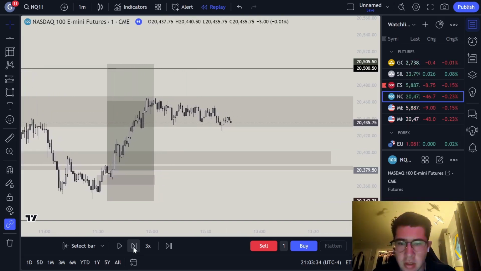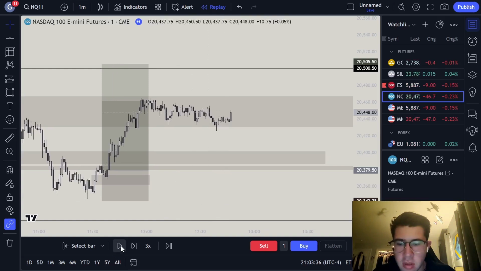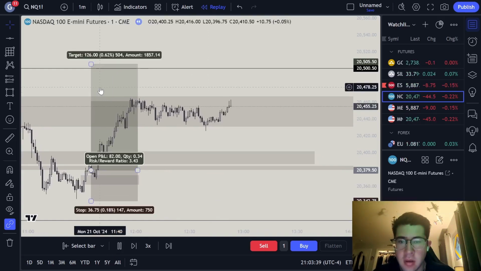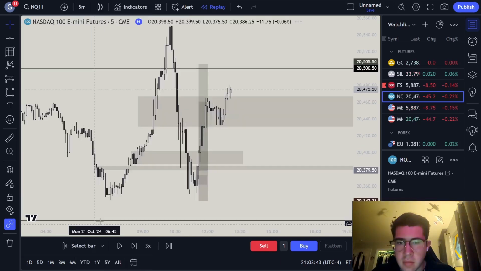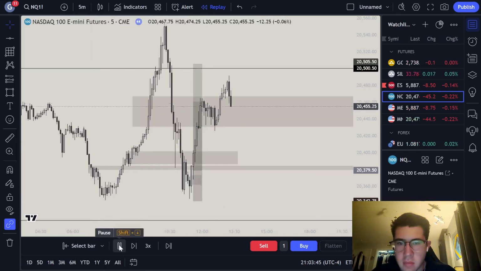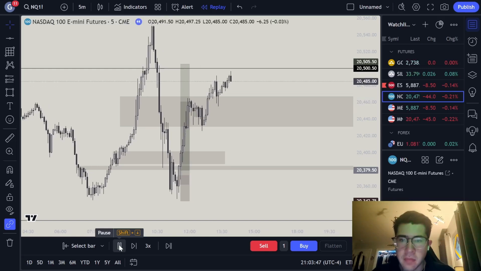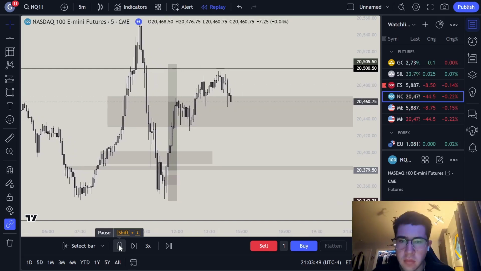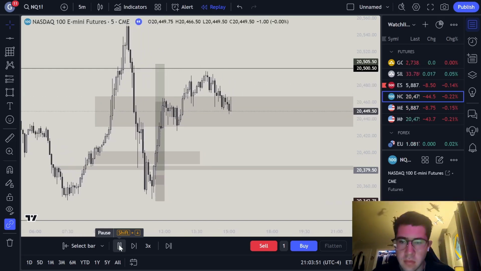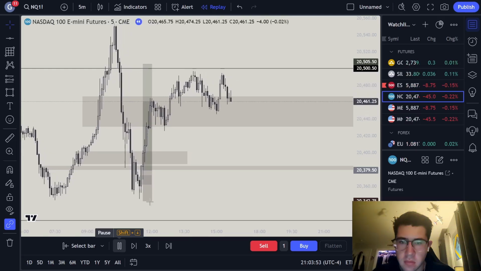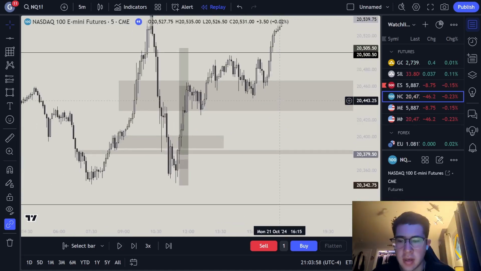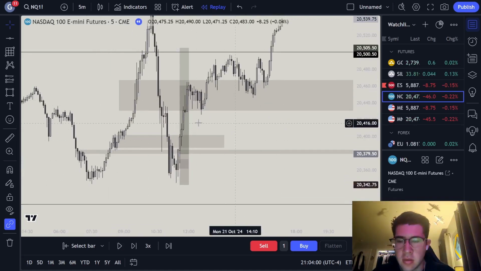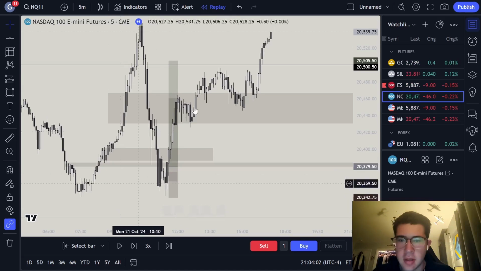You know, this price is just going to trend in a range for I don't even know how long, probably a while. Yeah, so obviously we see price came down, took out these lows, fills demand zone, and then moved higher.